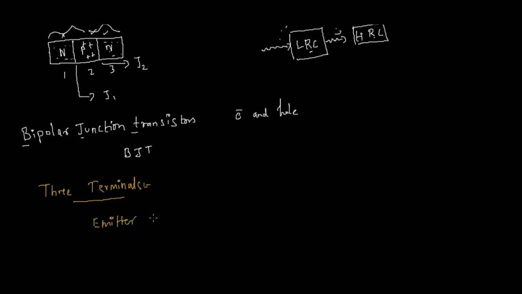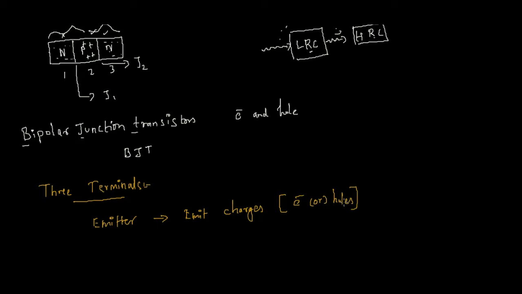The duty of the emitter is to emit charges. In NPN transistors, the emitter emits electrons, and in PNP transistors, the emitter emits holes, right? So in general, the emitter emits charges. It may be holes or it may be electrons, right?